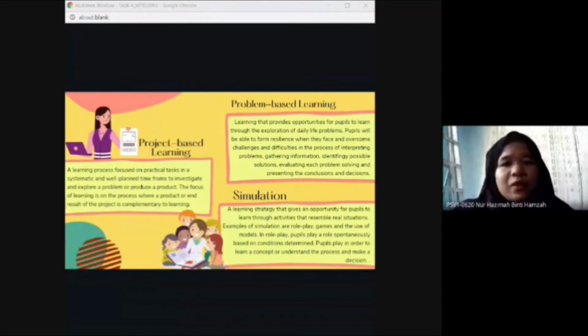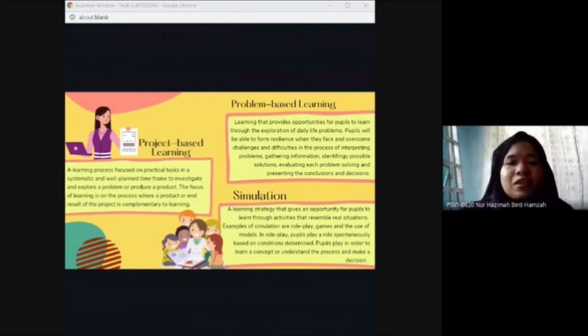Pupils will be able to form resilience when they face and overcome challenges and difficulties in the process of interpreting problems, gathering information, identifying the possible solutions, evaluating each problem solving, and presenting the conclusions and decisions.